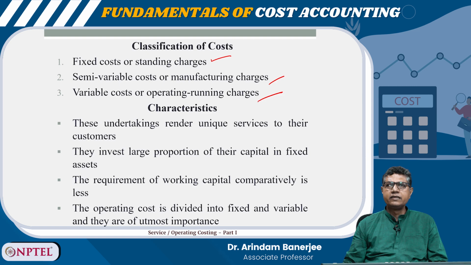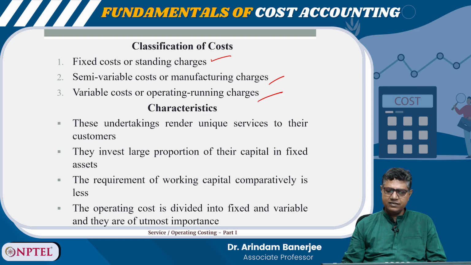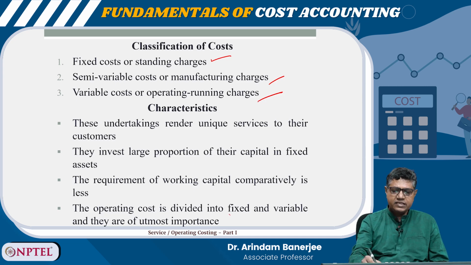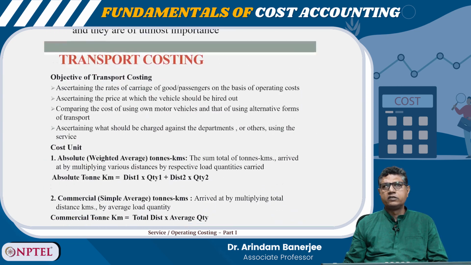These undertakings render unique services to their customers. They invest a large proportion of their capital in fixed assets. The requirement of working capital is comparatively less, and the operating cost is divided into fixed and variable, and they are of utmost interest. So, these are the basic characteristics of service costing or operating costing.